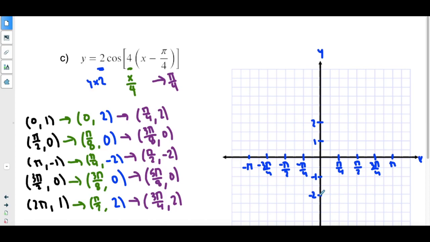Now I'm just going to plot my points. 3 pi over 8 should be somewhere between pi over 4 and pi over 2. Pi over 2 and negative 2. 5 pi over 8 should be between pi over 2 and 3 pi over 4.